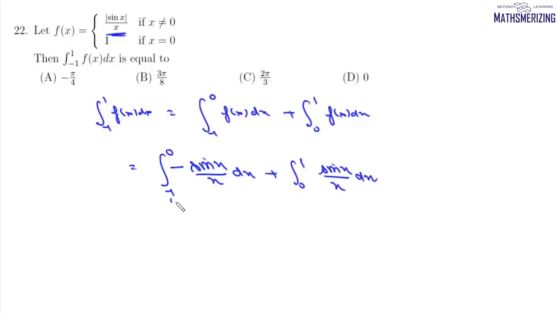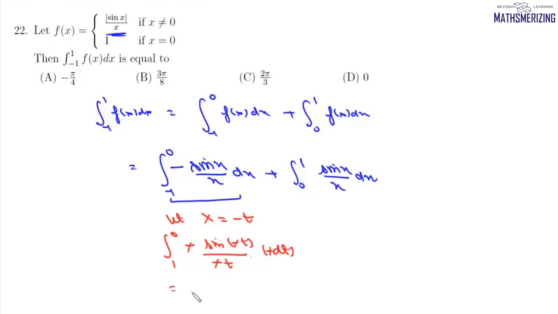Now for this first integral, we'll let x as minus t. So we can write this as 1 to 0, minus sin(-t) upon -t. Now dx will be simply minus dt. So here minus and minus will cancel. Here also minus and minus will cancel. Now we can change this limit from a to b to b to a.